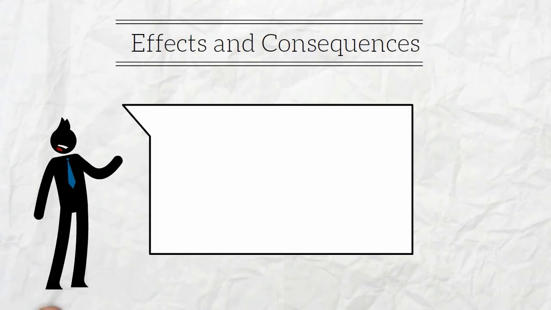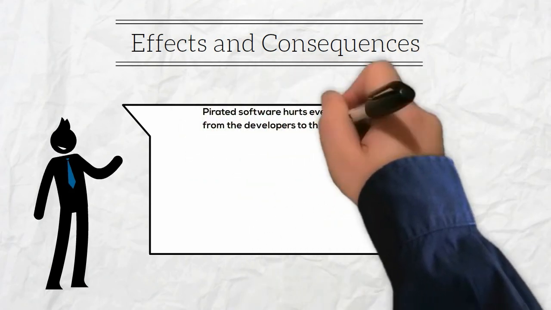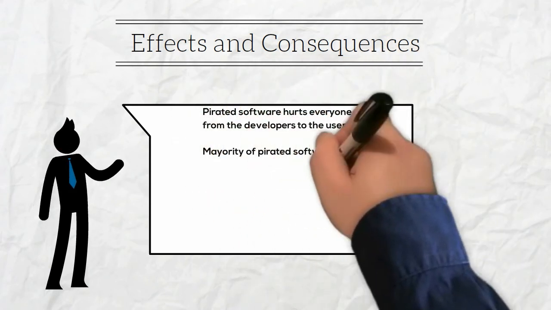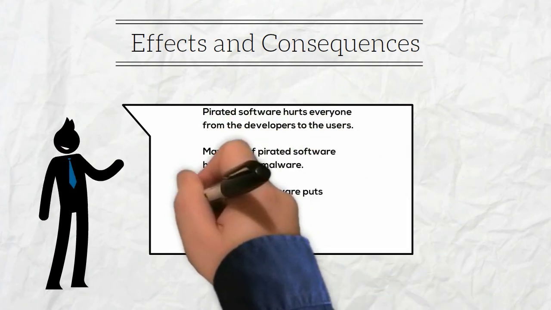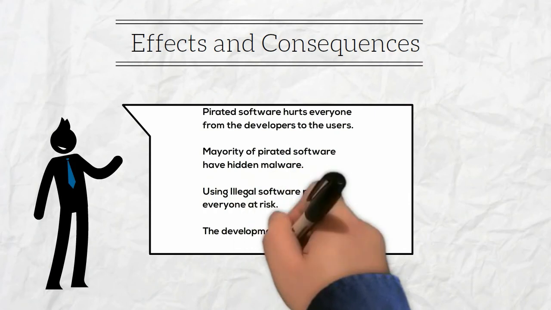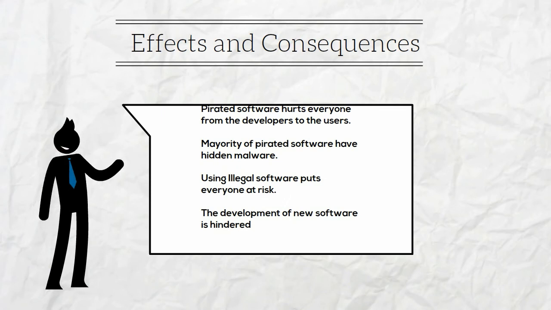Now let's talk about the effects and consequences. Pirate software affects everybody. Because of pirate software, developers lose a lot of revenue and have to account for lost revenue by increasing the prices. Sometimes pirate software comes with malicious code that affects the user's computer. Using pirate software puts a company and the users at risk.